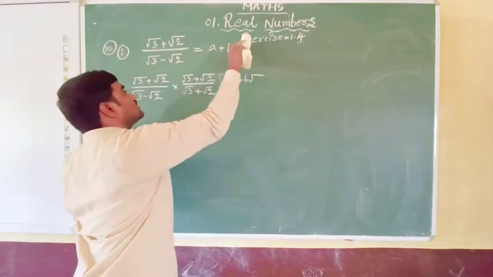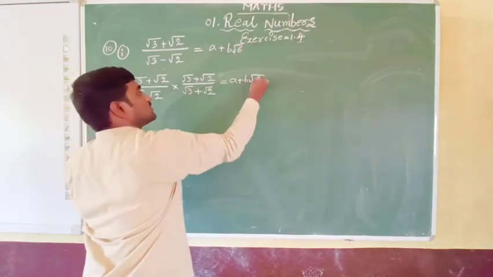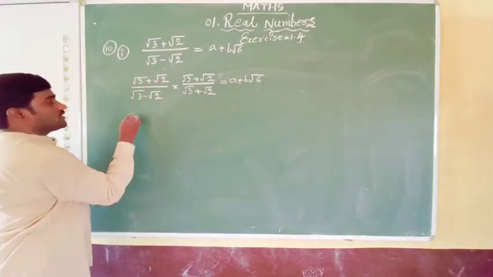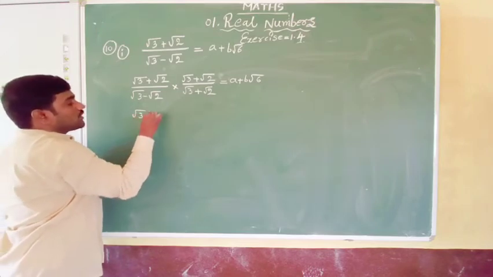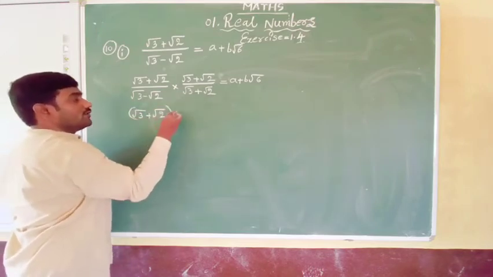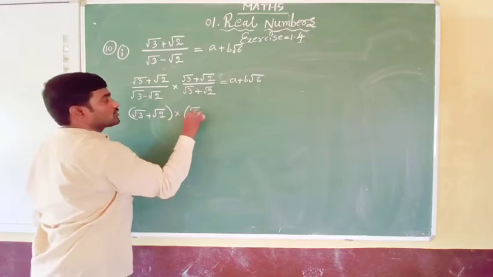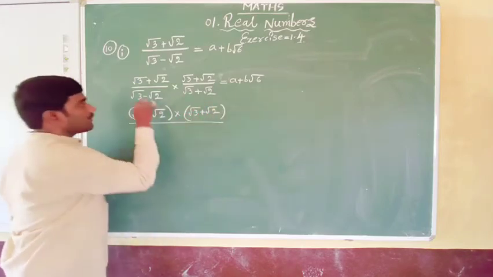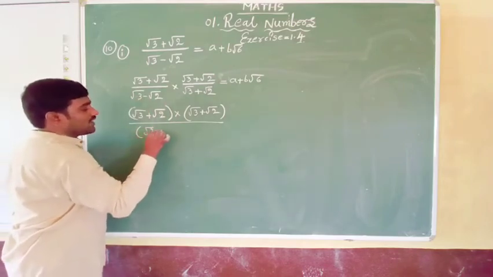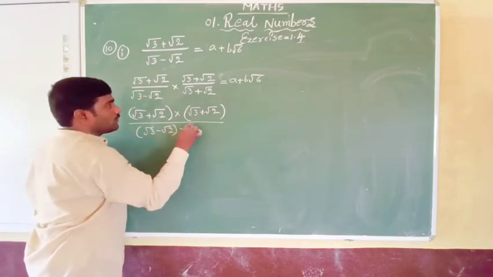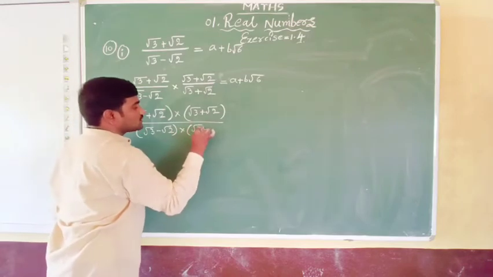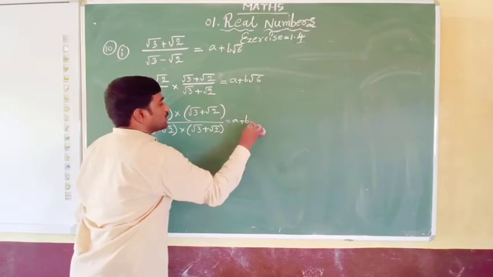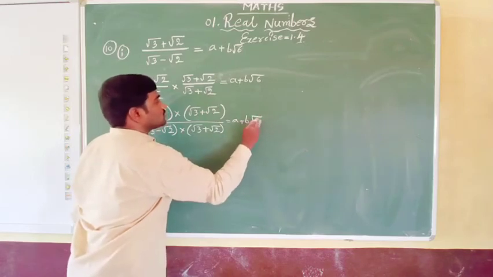Sorry, it is not root 2, it is root 6. Sorry for that. Then we have to multiply the numerators: root 3 plus root 2 into root 3 plus root 2, all by root 3 minus root 2 into root 3 plus root 2, equals a plus b root 6.